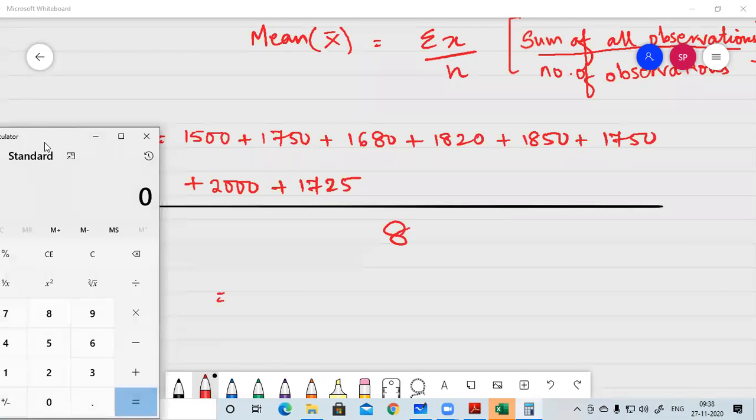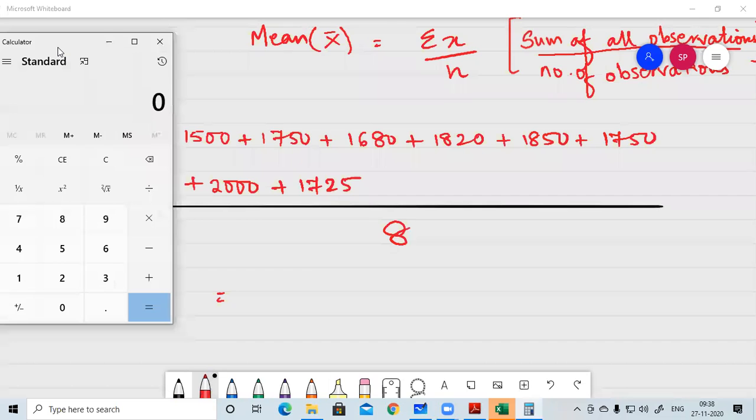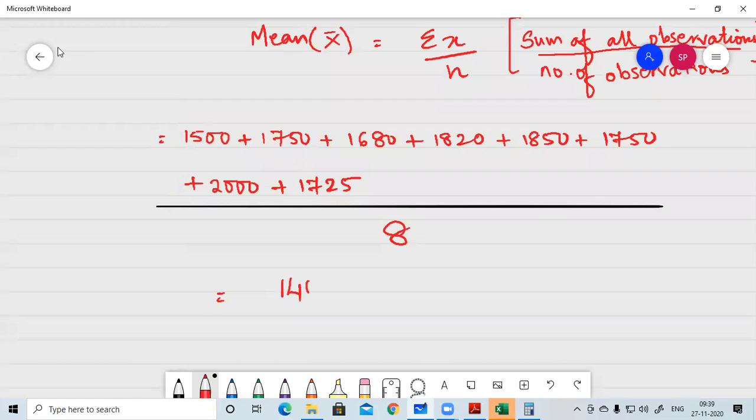Okay, so let's do the calculations together. So we have 1500 plus 1750 plus 1680 plus 1820 plus 1850 plus 1750 plus 2000 plus 1725. Did you get your answer as 14075? Yes, sir. So 14075 divided by 8.